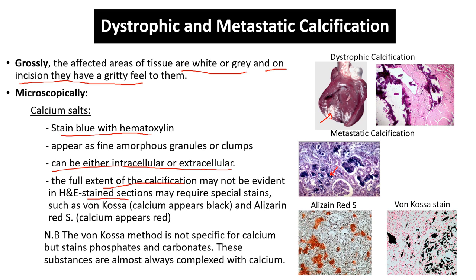You can't tell how extensive the calcification is by H&E slide, and you can use a special stain like Von Kossa stain, and the calcium here appears black. And you see, this is Von Kossa stain, appearing black, or there's alizarin red S, and the calcium appears red in color.